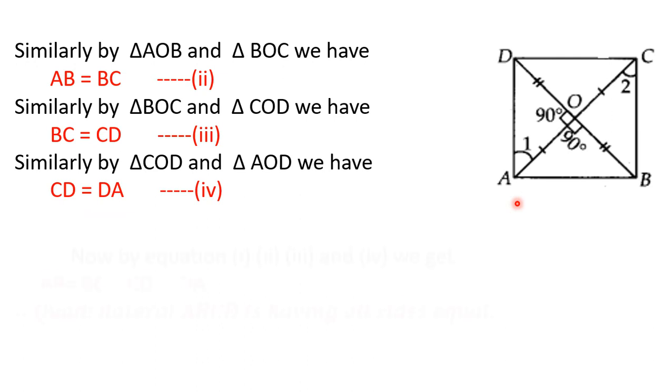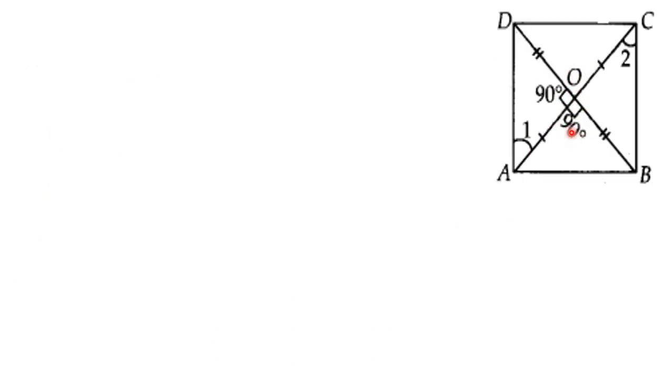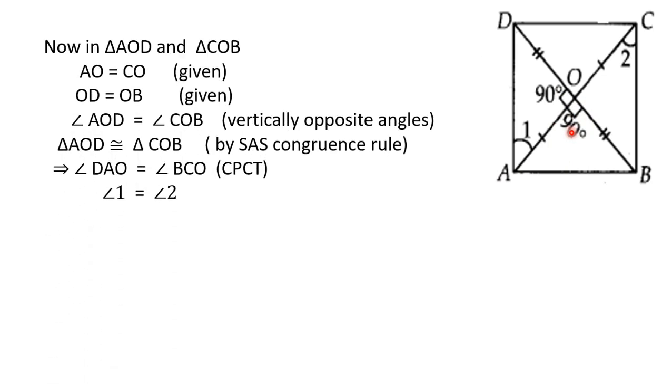So by all these 4 equations we get AB is equal to BC, BC is equal to CD, CD is equal to DA. That means the given quadrilateral has all 4 sides equal. Now we have to prove that these 4 sides being equal, it will be a square.